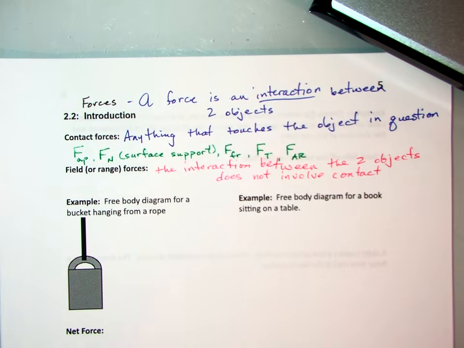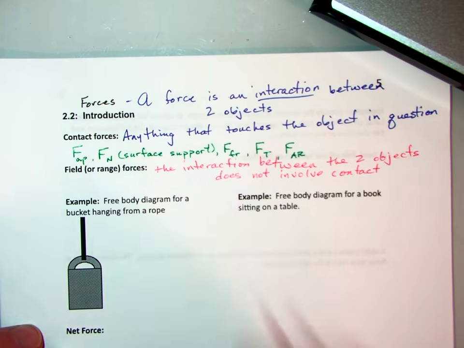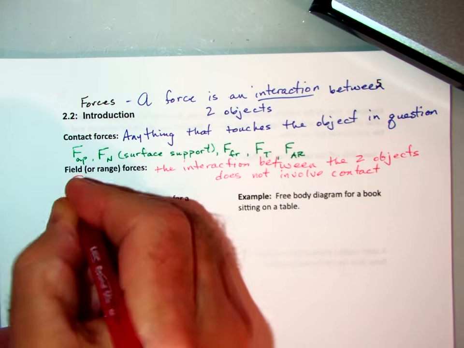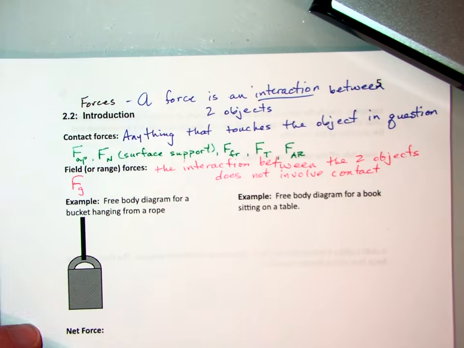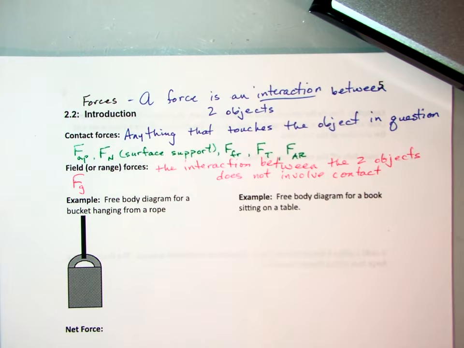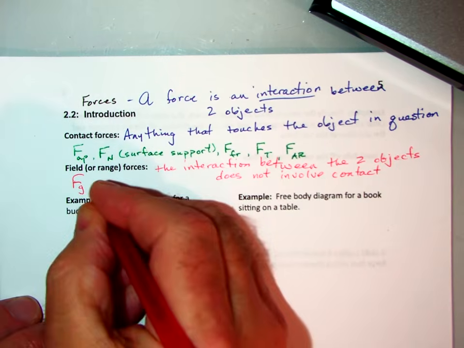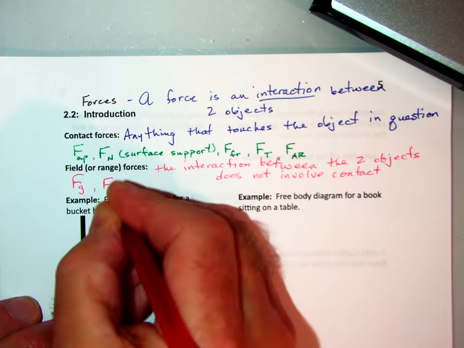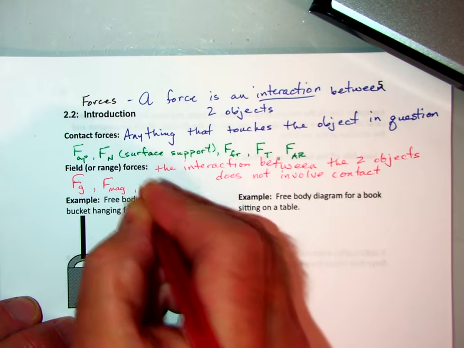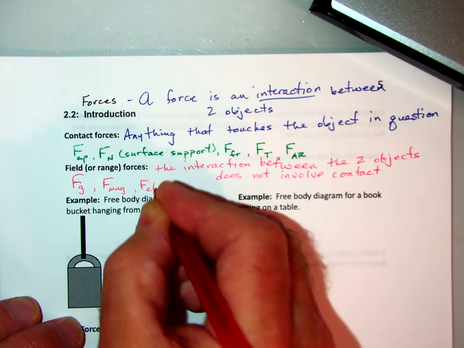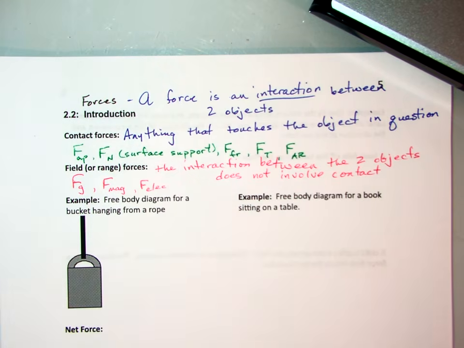And the most familiar one of these, and the only one really that we will be concerned with in AP Physics 1, is F subscript G, gravitational force. The other two field forces that you may or may not be familiar with are magnetic and electrostatic.